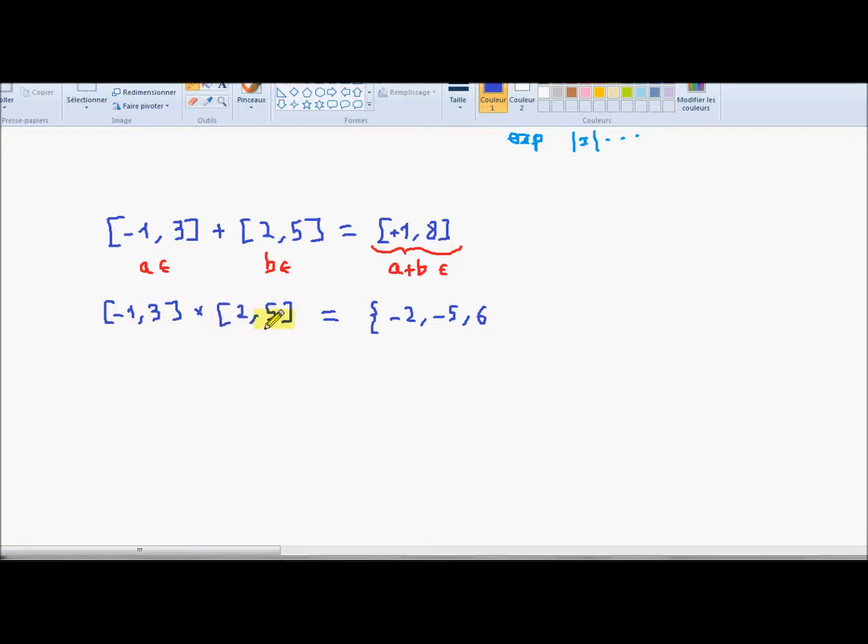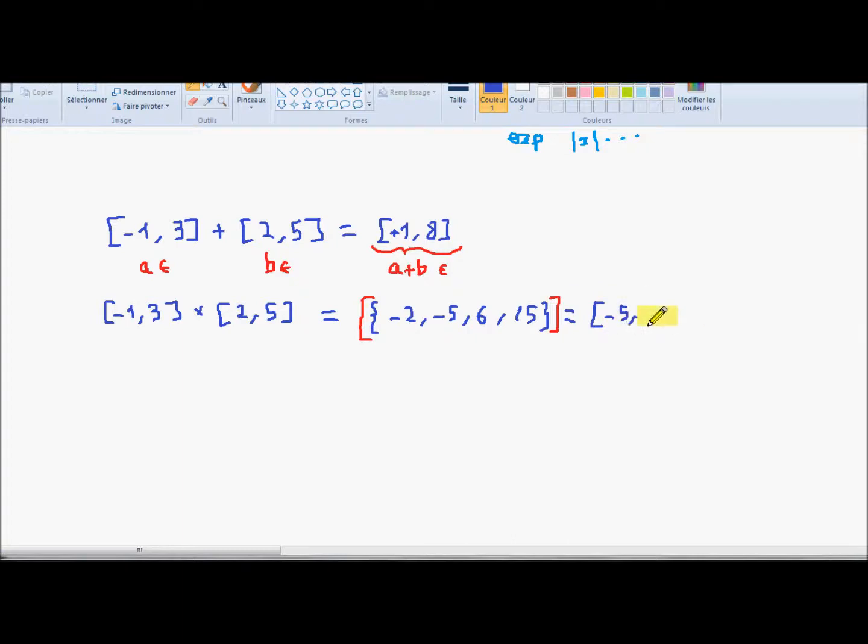So I can obtain these four numbers depending on the values of A and B. Now I will take the smallest interval which encloses this set, and I will obtain the interval [-5, 15].